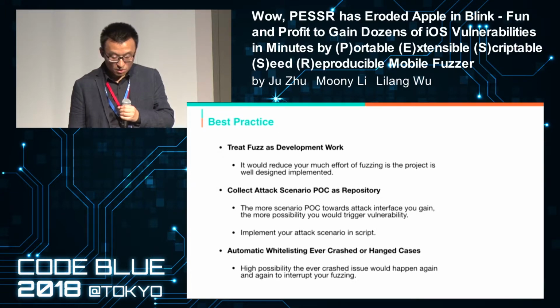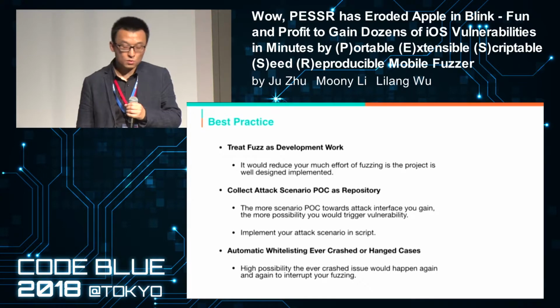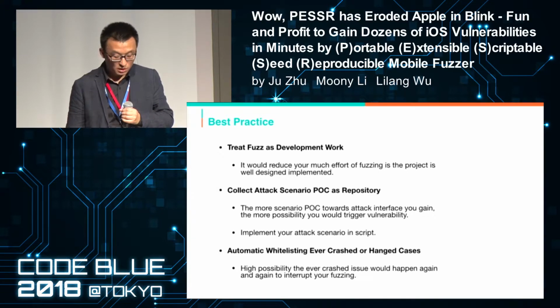Some normal scenario POCs are complicated and usually are the unit test cases for driver developers, and are beyond the knowledge scope of security research. The more scenario POCs toward the attack interface you gain, the more possibility you have of triggering a vulnerability.